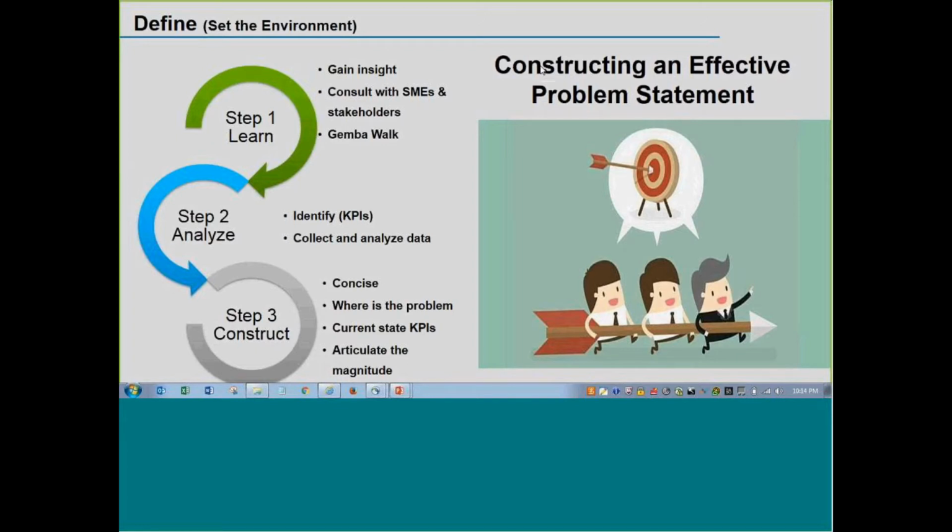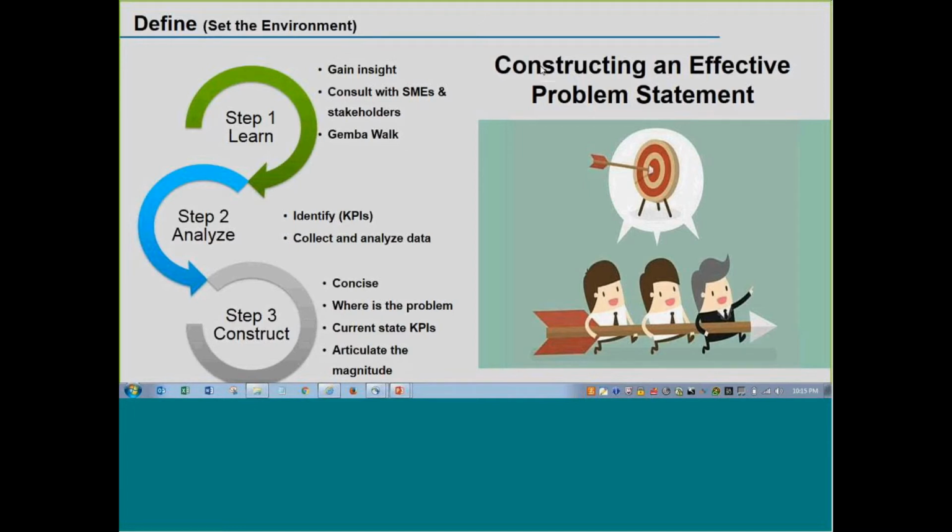Understand what it is about this process or this project that you're working on to improve really, really bugs your sponsor. Really, really bugs the people that are involved with a particular process. You may even talk to customers in this stage to understand exactly what the issues are that your customers are having with a product or service that they're not happy with, and that's why we are working here to improve that and increase that value to that customer.